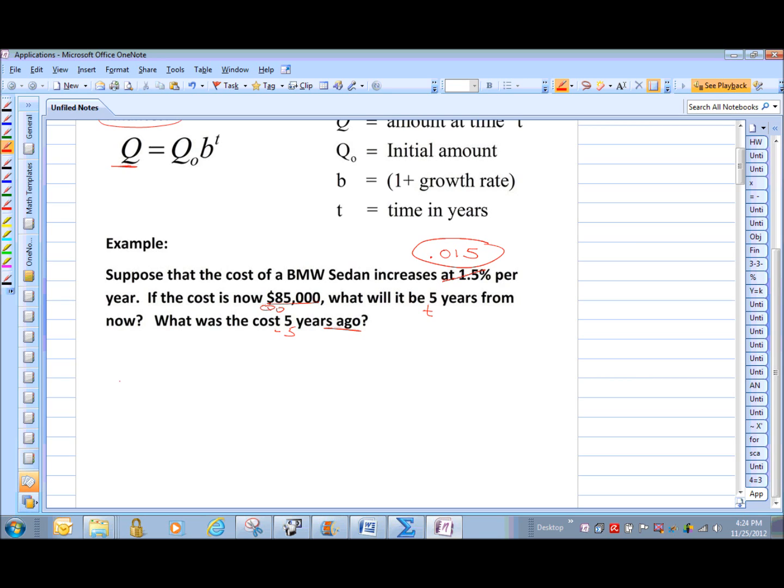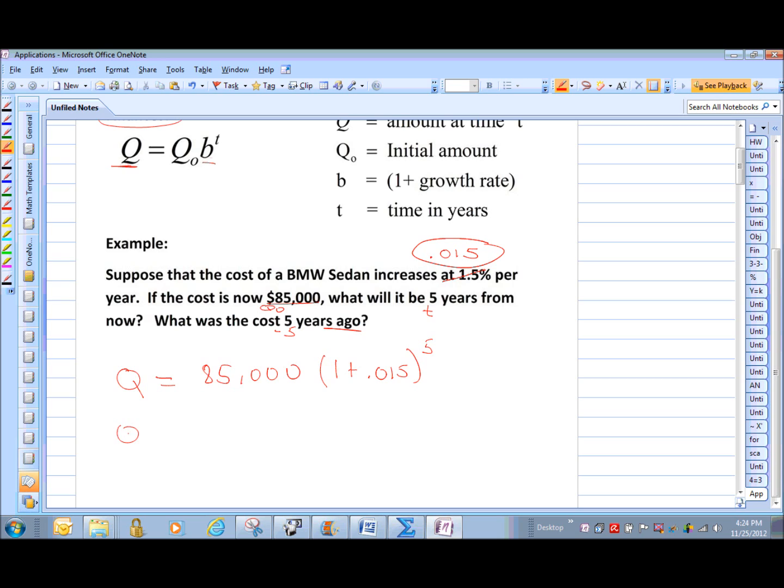Plugging into our formula, we want to know the amount after time. So Q equals, our Q sub 0 is 85,000, and B is 1 plus the growth rate, so 1 plus 0.015, raised to 5 years.